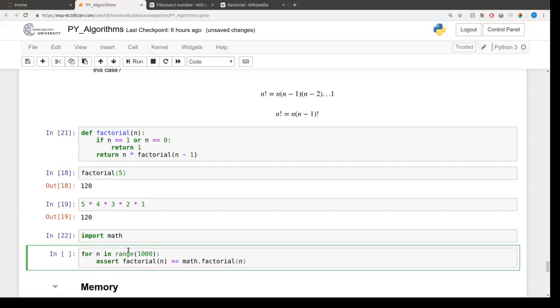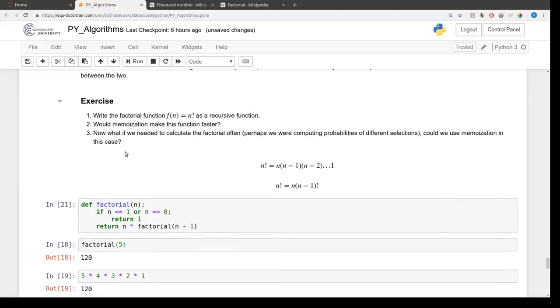And we'll just check that they give the same answers. So for numbers 0 through 1,000, this assertion ran without raising any errors, so we know that my function is giving the same as the math.factorial function.